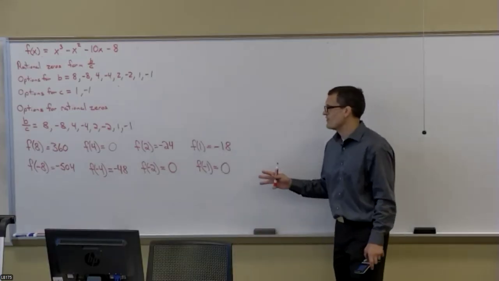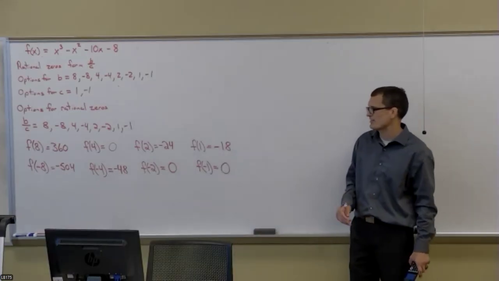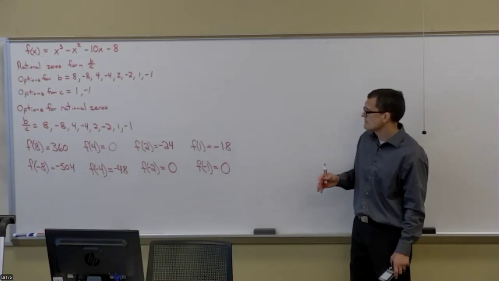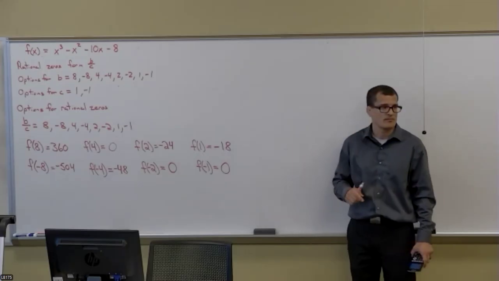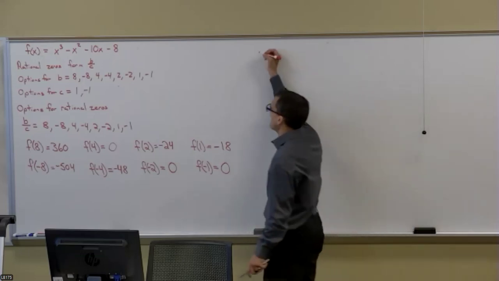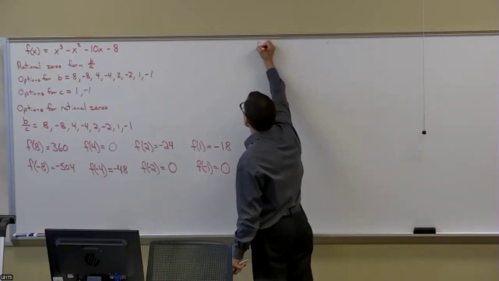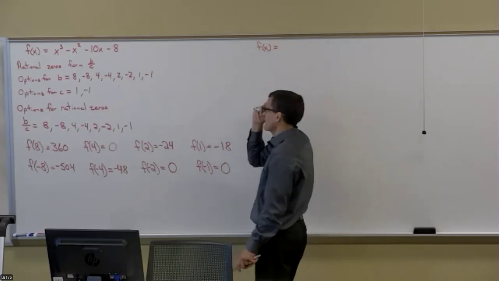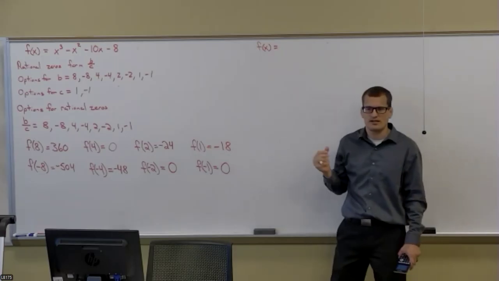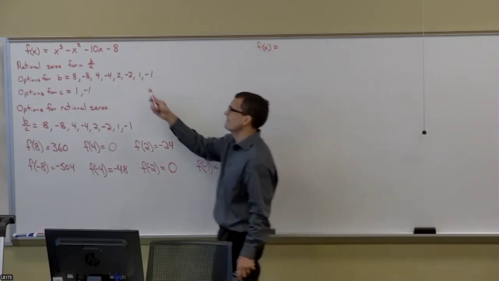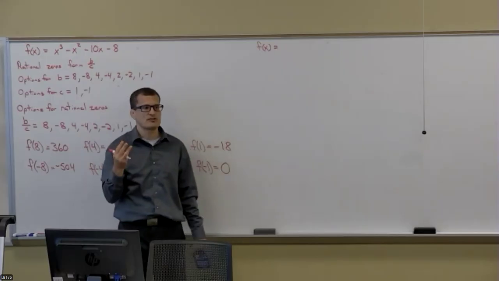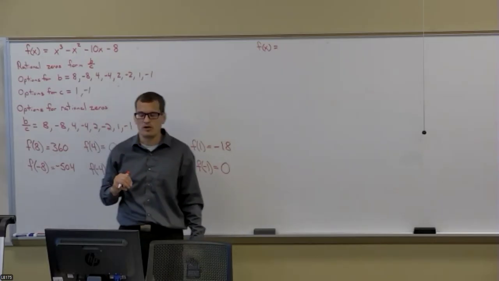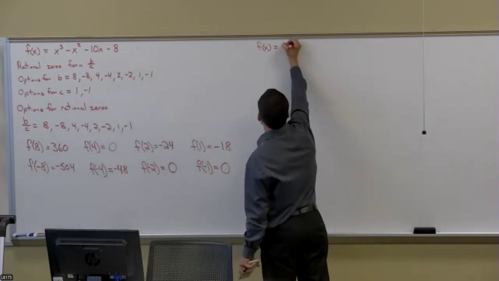So now I know that there are 3 real numbers that when I plug them in, I get a 0. I can just write the solutions right here. I know it's degree 3, so it can factor into at most 3 linear factors. If I wanted to, I know exactly what those factors are going to be.